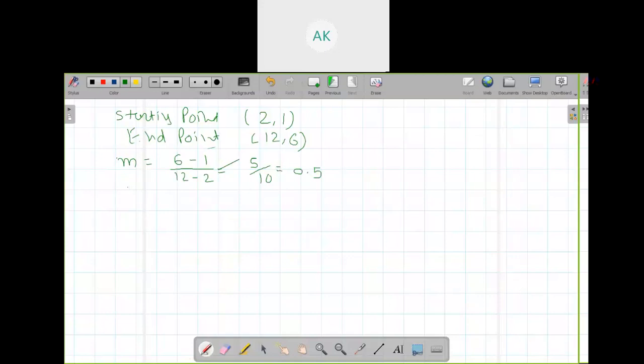M is less than 1. When M is less than 1, x changes with unit interval, means xk plus 1 will be xk plus 1, and then yk plus 1.